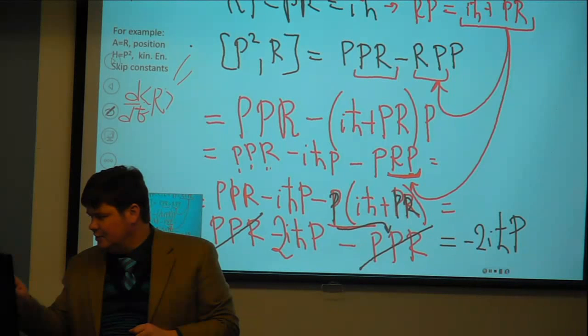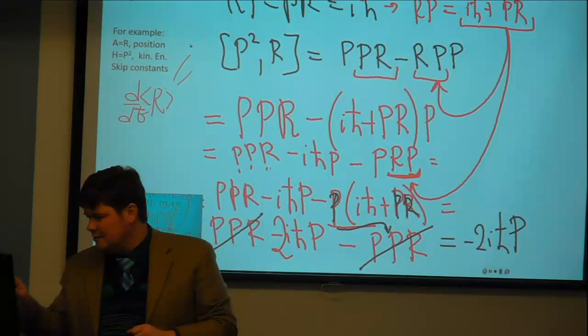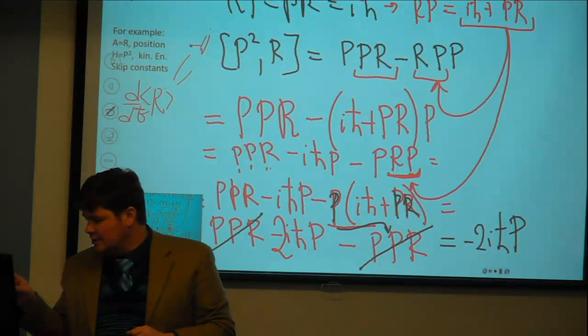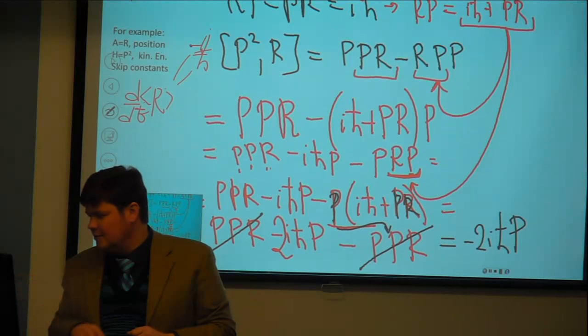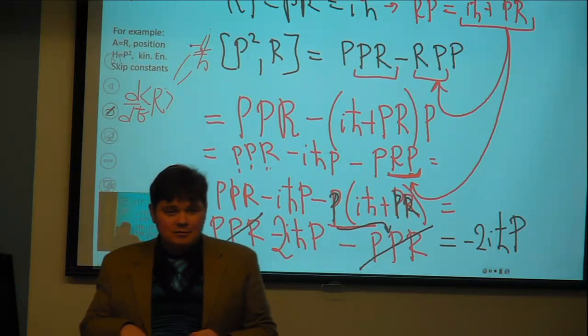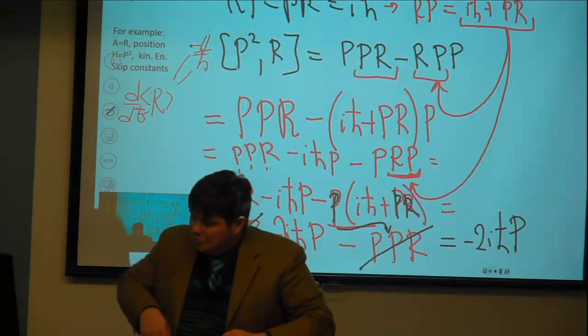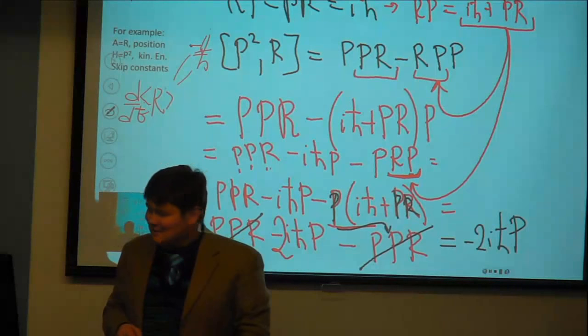And it should be constants, i, h bar. Is it in the numerator or denominator? H bar is in the denominator. Okay. Plus or minus? Minus. Okay. I don't know.